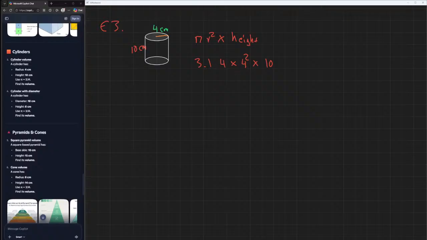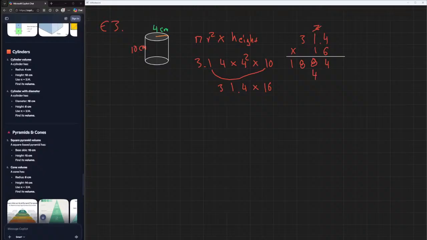Alright, now if I do these two first, then this is going to become 3.14. 4 times 4 is 16, if I am correct. So 31.4 times 16. 24, 6, 8, 18.